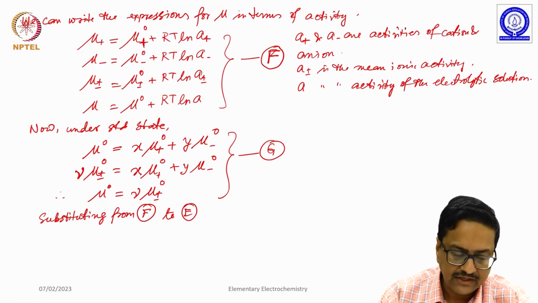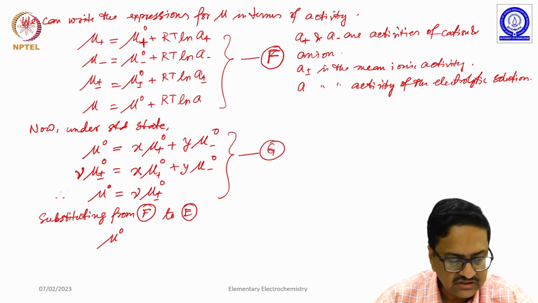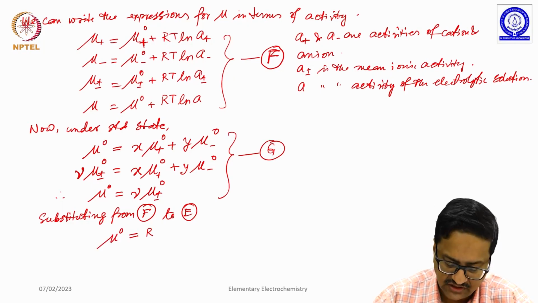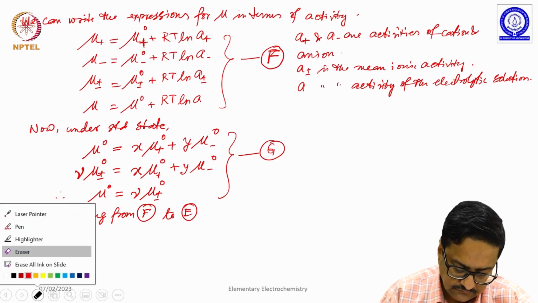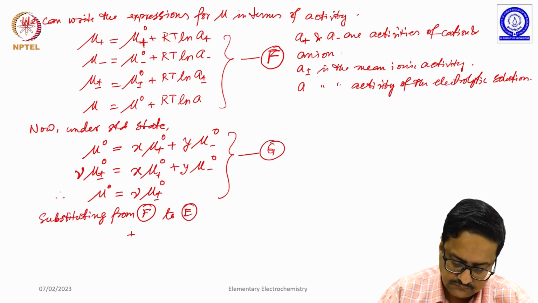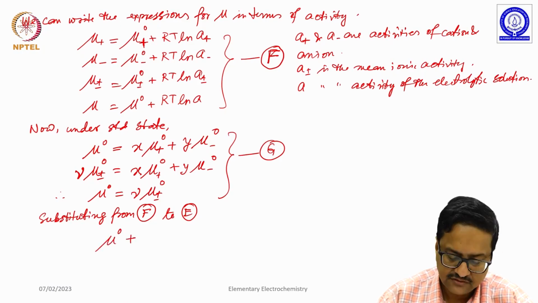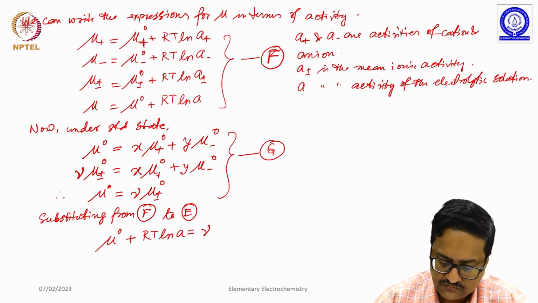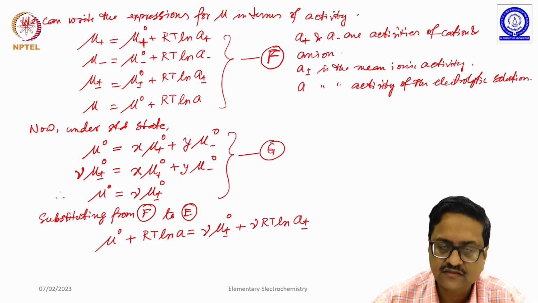So, now I am substituting from F to equation E, and we can write that mu 0 plus RT ln A is equal to nu mu plus minus 0 plus nu RT ln A plus minus.